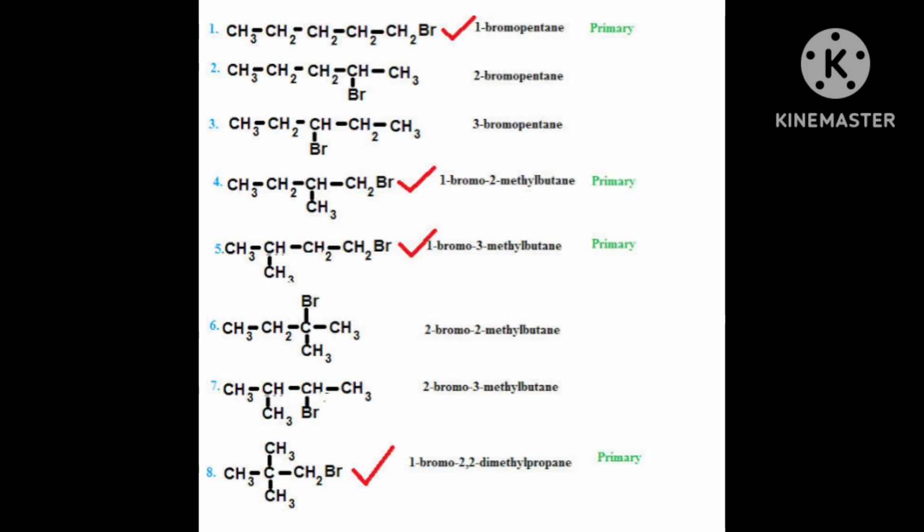Carbon number 4 has a branch, and carbon number 5 has a branch. At carbon number 4 an isopropyl is there.